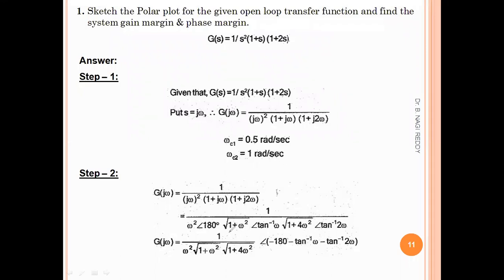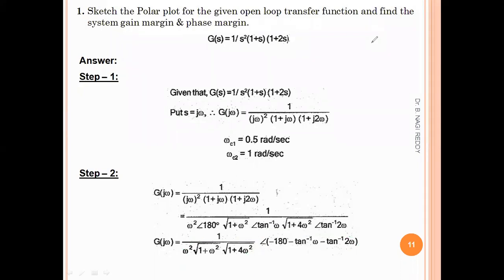So this will be the angle, and the magnitude will be 1 / (ω² √(1 + ω²) √(1 + 4ω²)). And this will be our required magnitude for the given open loop system, and this will be our angle expression for our system.